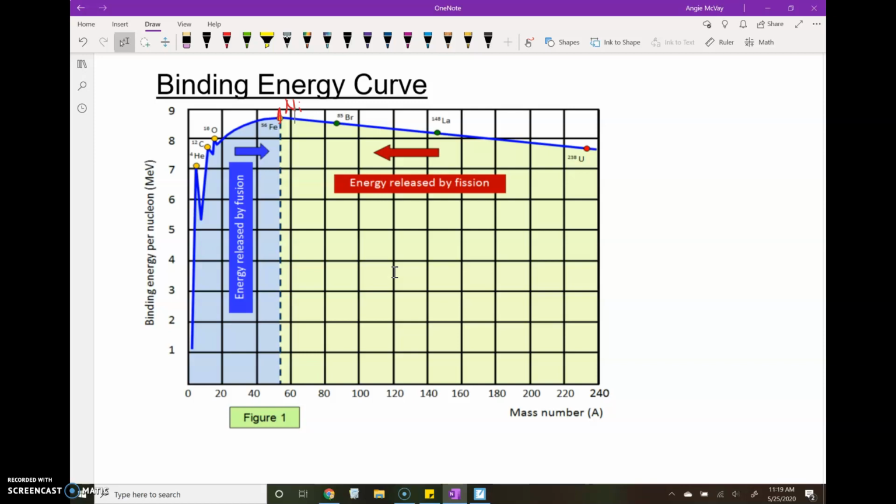Fusion is putting two smaller nuclei together and in the process releasing energy. Again, binding energy is the energy required to hold a nucleus together, and it's how much is released when you tear it apart.